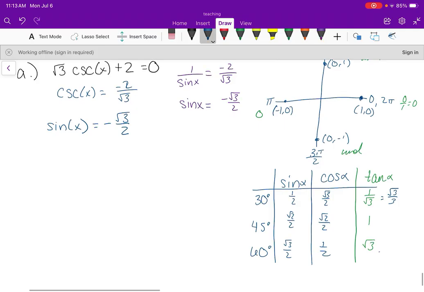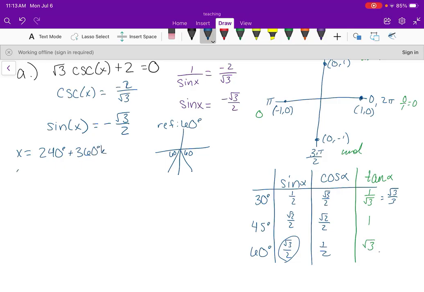So now sine is square root 3 over 2 at 60 degrees, so my reference is 60. Sine is negative in 3 and 4. So my answers here are going to be 240 plus 360k and 300 plus 360k.